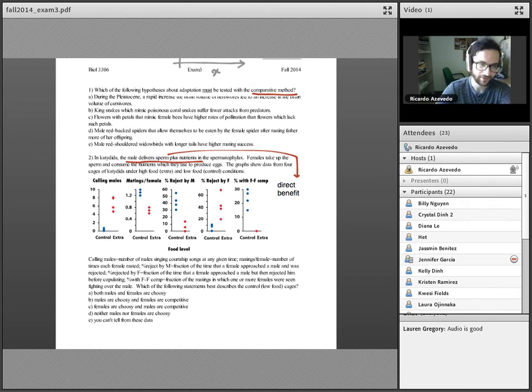We also had, just to remind you, indirect benefits, where you wouldn't get anything in return for picking the best male. But the idea was that you get better genes.